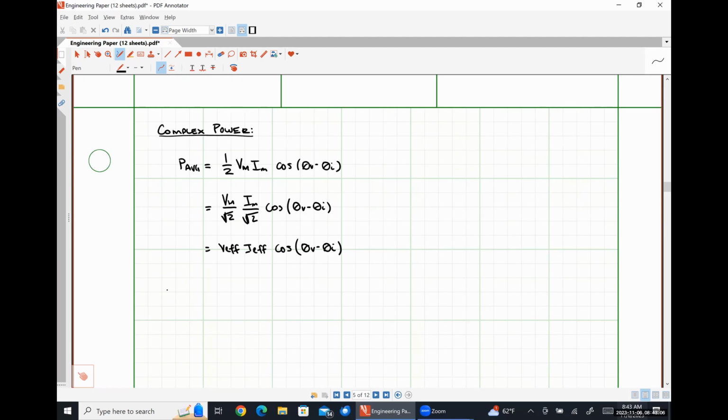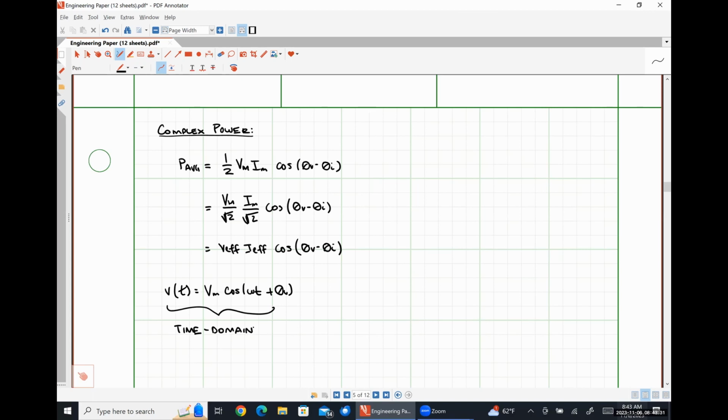So recall that a voltage waveform, v(t), in the time domain is Vm cosine(omega t plus some phase angle theta V), right? This is our time domain representation, and it's what we actually have.